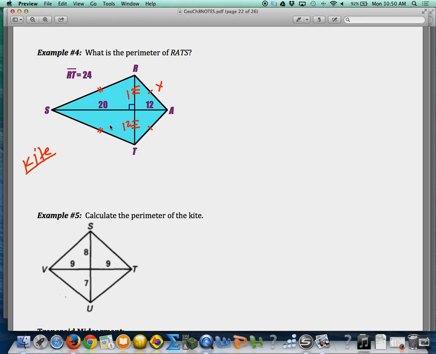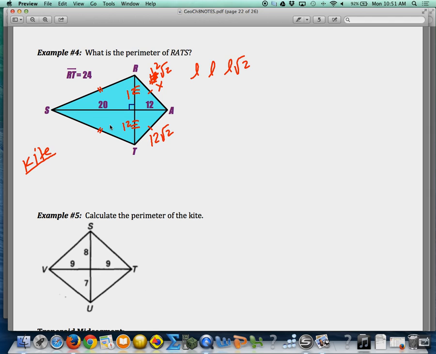Do you guys remember with a 45, 45, 90, it goes L, L, L root 2? So if I have 12, 12, 12 root 2. Would I get something different if I did Pythagorean theorem? No, it's going to be the same. Okay, so this other side is 12 root 2 also.